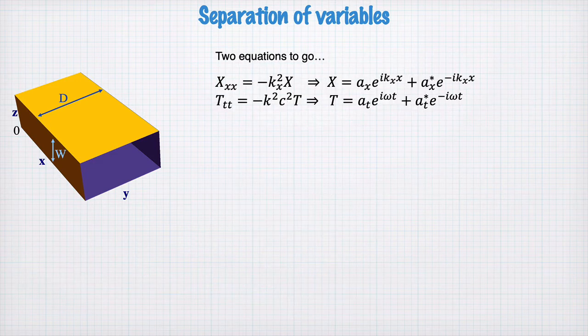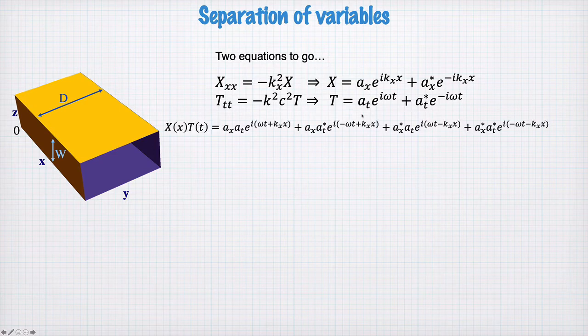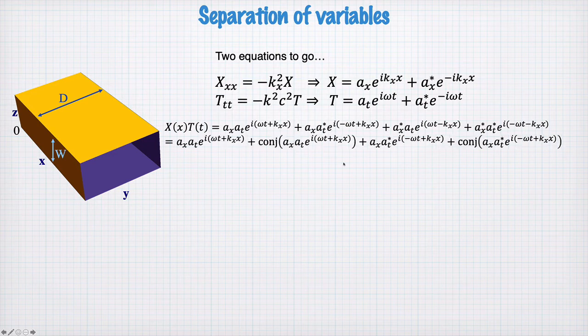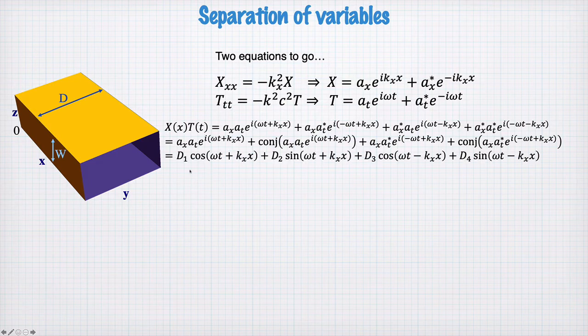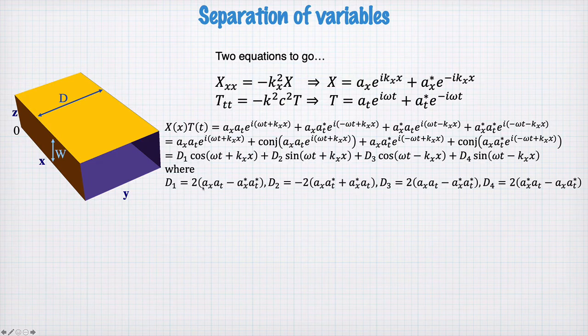So we have two equations to go, those for x and t. So we've got them here, and we can write the equation for x times t as being equal to all of this. When we multiply it out, it's pretty ugly, and I can uglify it further by writing it like this, and then I can simplify it a bit by writing it like this, where all of the d's can be written in terms of the a's, ax's and at's. You can go through this, or you can just take my word for it.